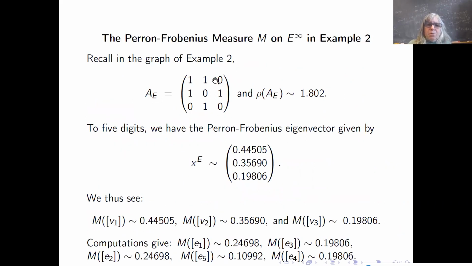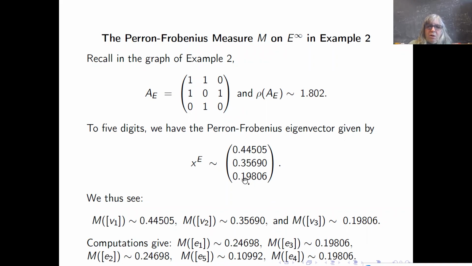In the example 2, here's what we have. We figured out our vertex adjacency matrix. Here, we popped this into some matrix eigenvalue calculator and eigenvector calculator. Here's your eigenvalue, 1.802.